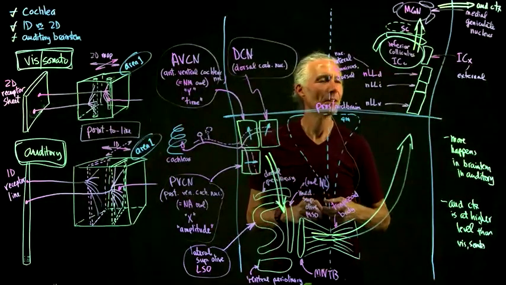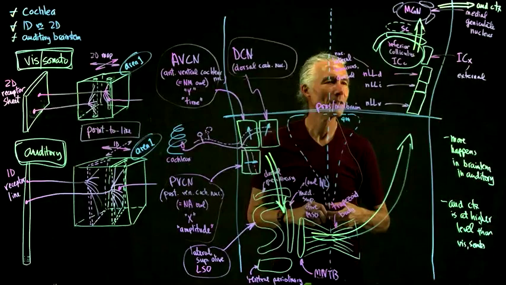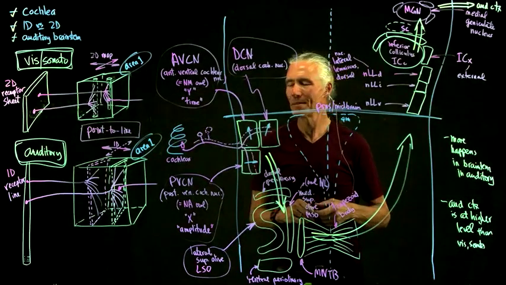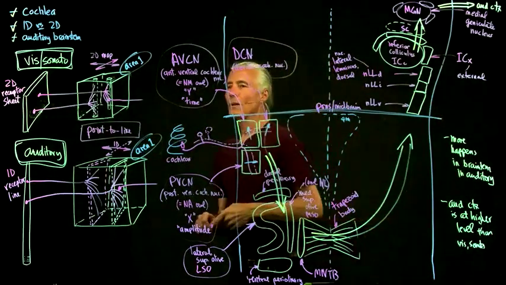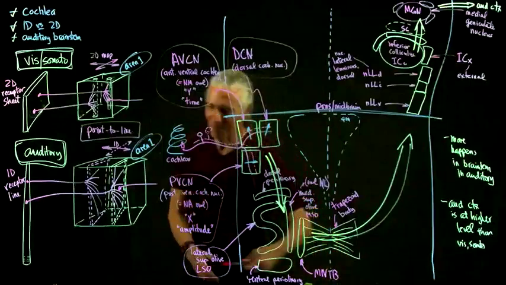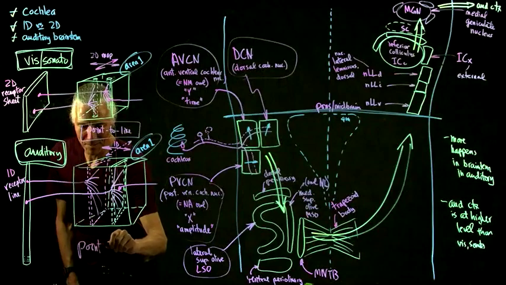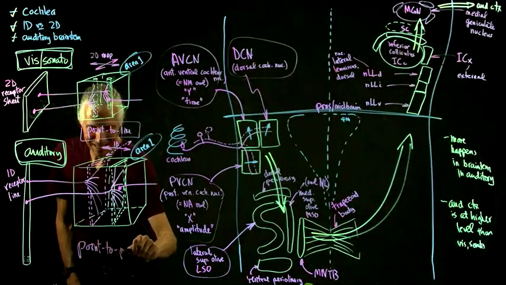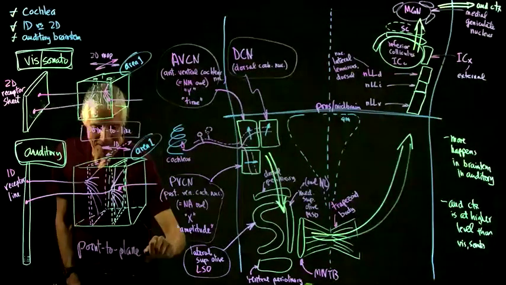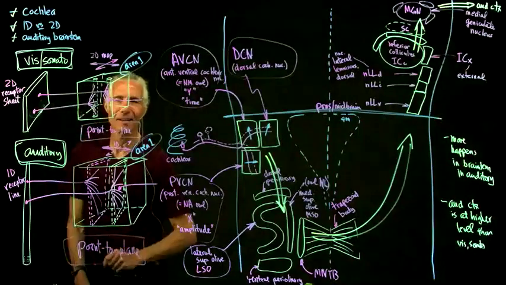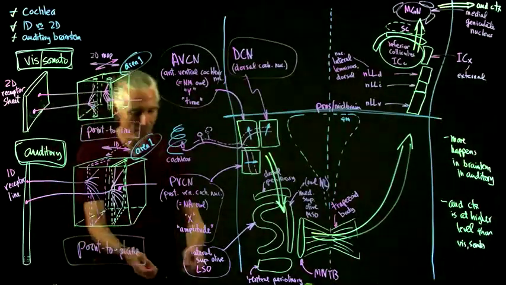Is the auditory one point-to-plane induction? Yeah? Oh, good point. Yeah, so this one is point, I forgot to label it. No, this is point to plane, yuck. I drew it, but I didn't label it, yeah. So, yeah, definitely.